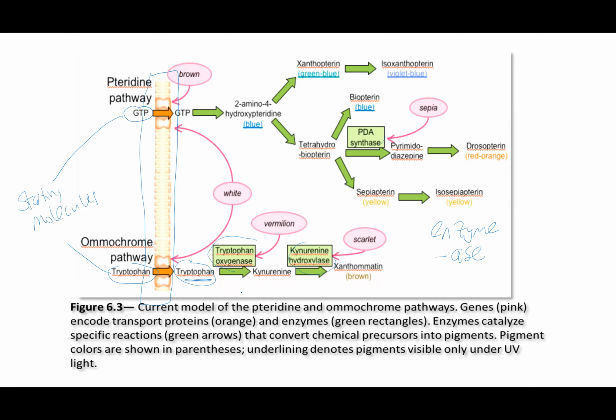But this is a metabolic pathway. We've got intermediates, and we've got a final product, and we've got the enzymes that are acting on it. There's another one up here, same idea. We're starting with the starting molecule. Each arrow represents an enzyme, but we're only going to talk about this one when you do it in lab. But you can see it can split even.